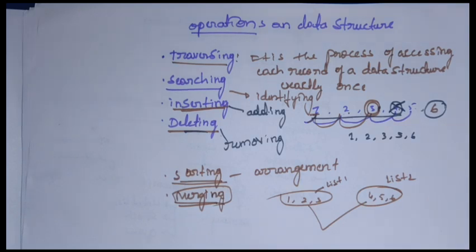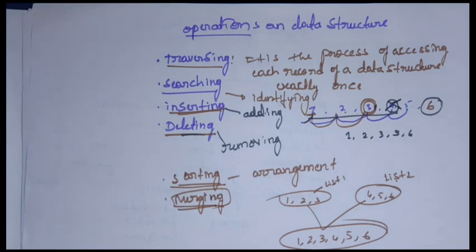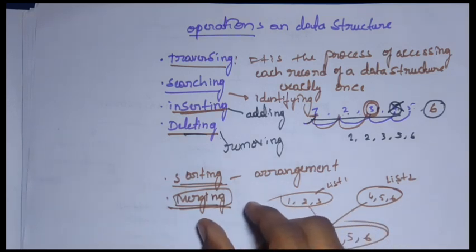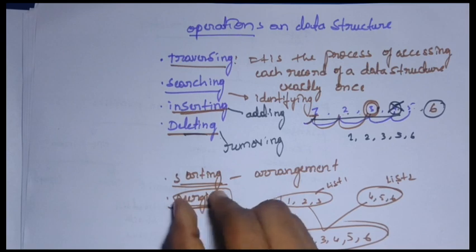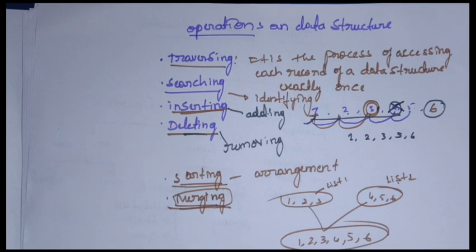To make list 1 and list 2 into a single list, we get 1, 2, 3, 4, 5, 6. So this is the merging operation on a data structure. We will discuss these briefly in an upcoming session. I am only giving a simple definition, or else you can consider it as the meaning. Okay, so these are the operations on data structures. Thank you.